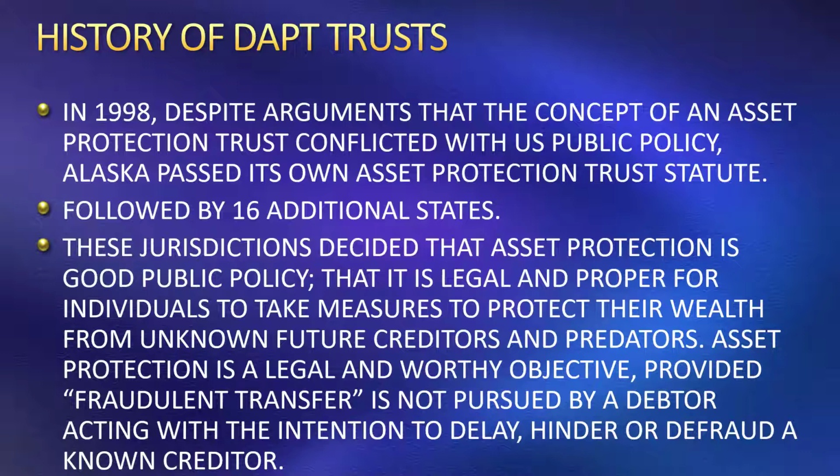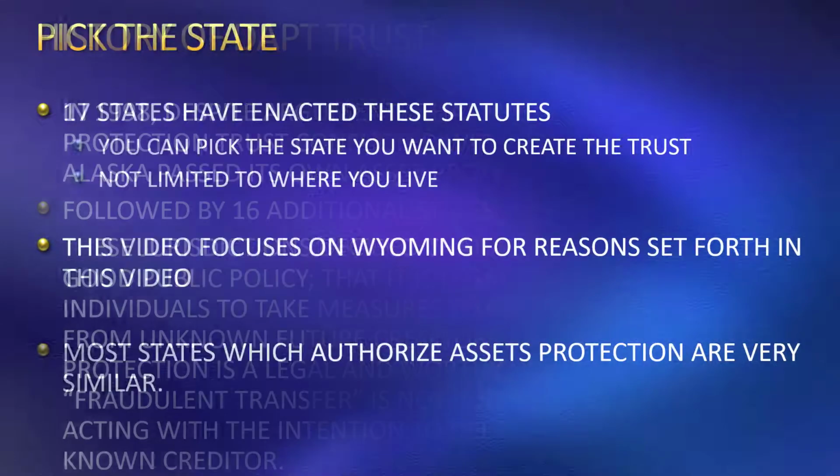These jurisdictions decided that asset protection is good public policy, that it is legal and proper for individuals to take the measures to protect their wealth from unknown future creditors and predators. Asset protection is a legal and worthy objective, provided fraudulent transfer is not pursued by a debtor acting with the intention to delay, hinder, or defraud a known creditor.